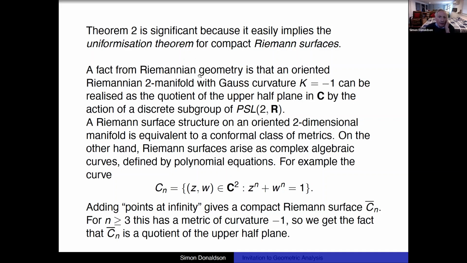Staying with the case of Gauss curvature -1, it's a basic fact, not too hard to prove, that if you have any compact oriented Riemannian two-manifold with Gauss curvature -1, then it can be realized as a quotient of the upper half plane by an action of a discrete subgroup of this group here, acting by Mobius maps.